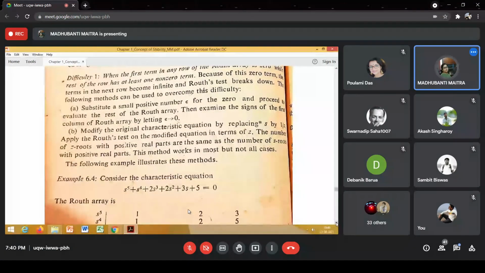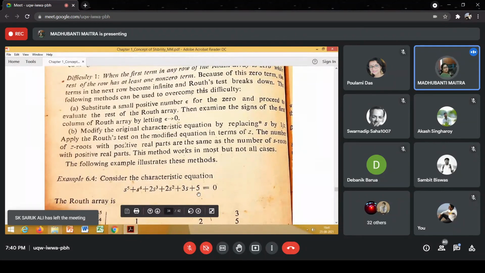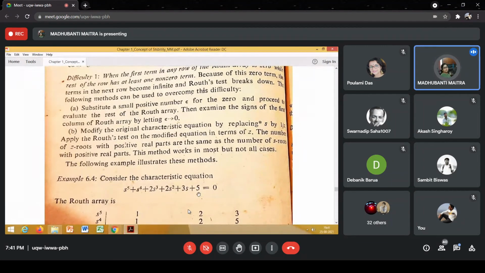I'll come to that. Let's first try to apply the Routh stability criterion for this particular system, whose characteristic equation Q(s) is given by s^5 + s^4 + 2s^3 + 2s^2 + 3s + 5 = 0.